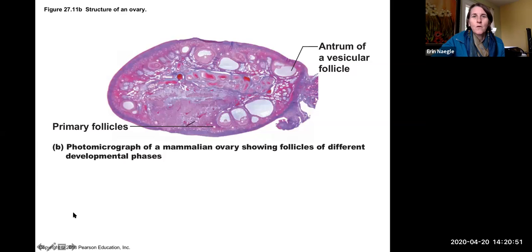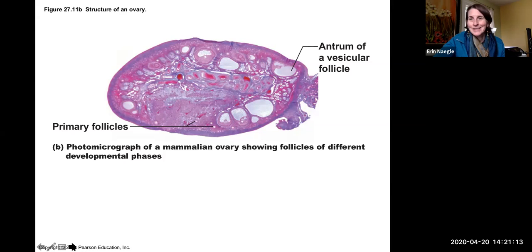Here is what an ovary would look like underneath a microscope. What you can see here on the very edge are a bunch of primary follicles, and then the antrum of the vesicle, and here would be the mature egg. All right.